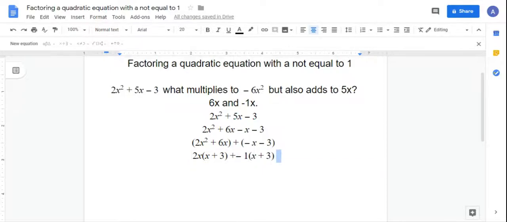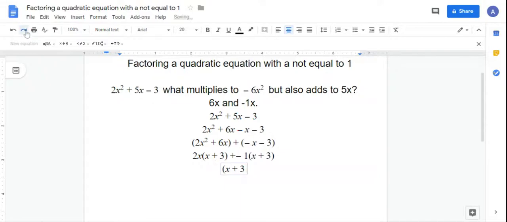The very last step is to rewrite the equation. Before we do that, notice here how I have x plus 3 in this factor, and I have x plus 3 in this factor. This lets me know that I'm doing the problem correctly. Both of these need to be the same. To finish off, in this next line, the factor that they both have in common, the x plus 3, becomes one of my final factors.